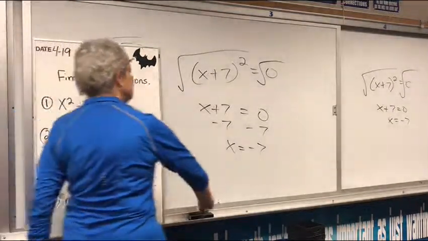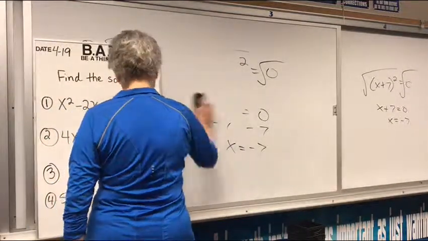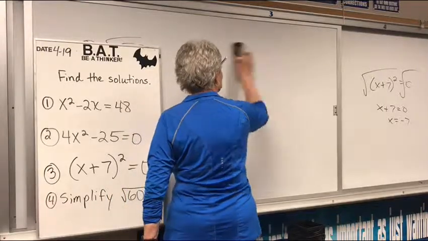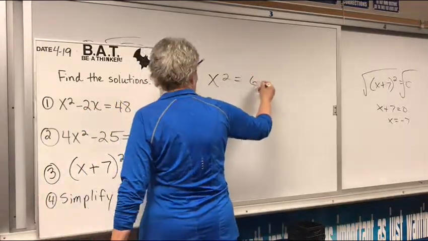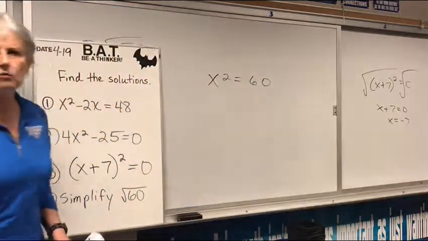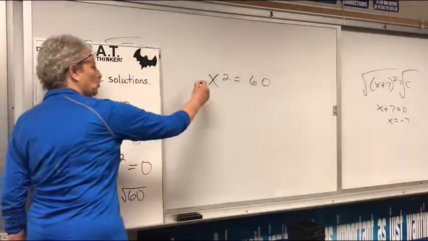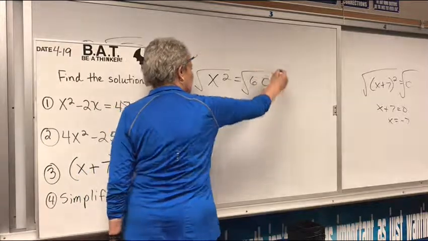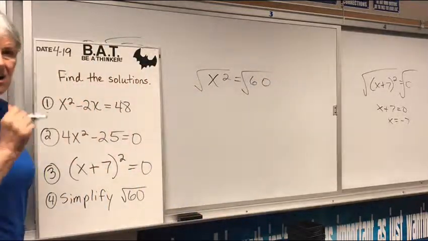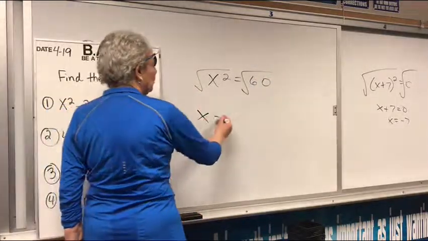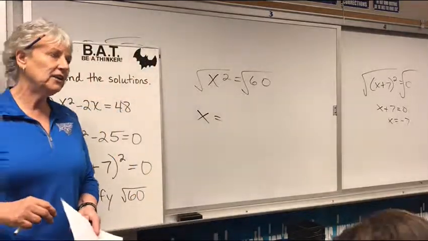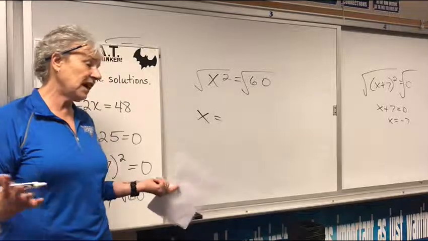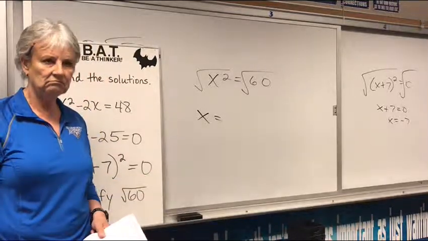Now your answer can sometimes get you all the way down to, well, let's just do this one. If I tell you to solve by square root, you take the square root of this and the square root of that. X equals, if you punch it into your calculator, you get 7 point something.